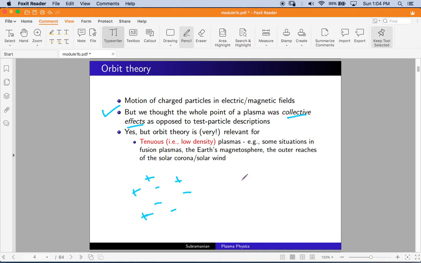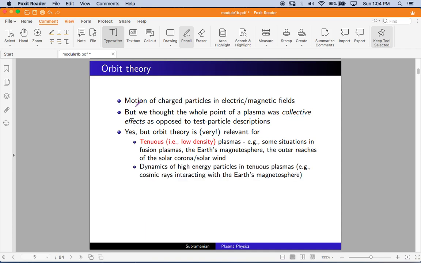So when the plasma is low density, and there's one other important thing, and I'll come to that, this kind of description is important. And we are dealing with orbit theory.